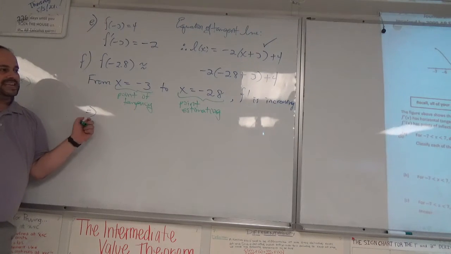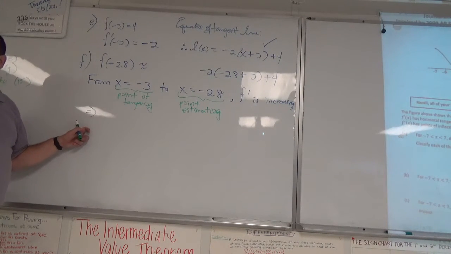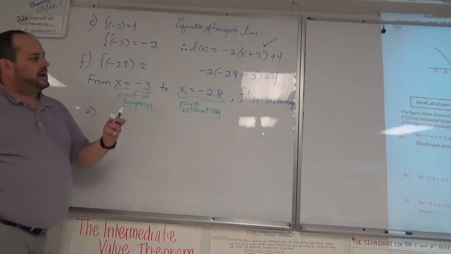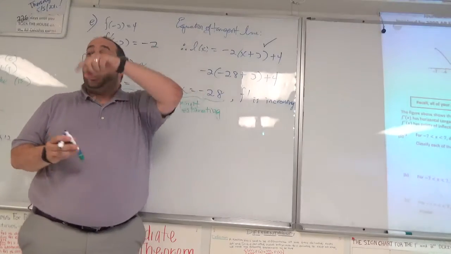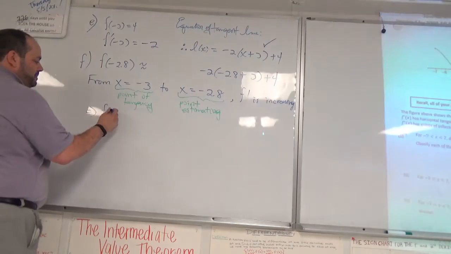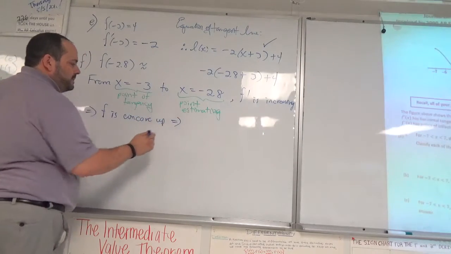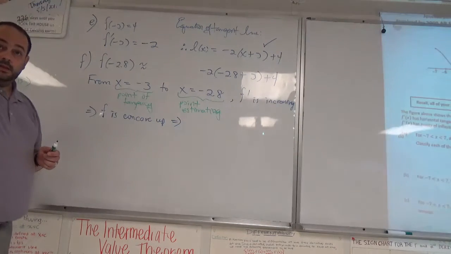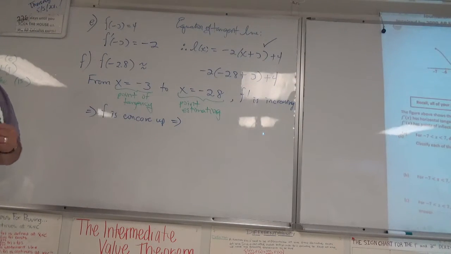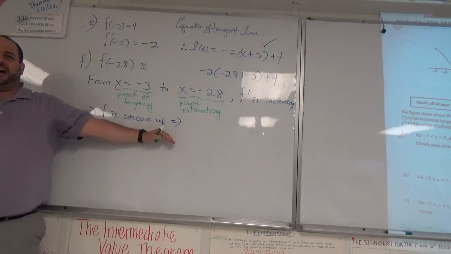Jennifer, if f prime is increasing, do you know anything about f? F double prime would be positive. I want you to go up. It's on that gold sheet. If you find where f prime is increasing, f is concave up. And if f is concave up, David, what do you know about those tangent lines? Where are those tangent lines?